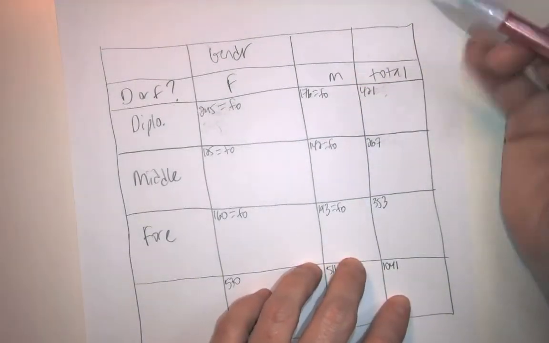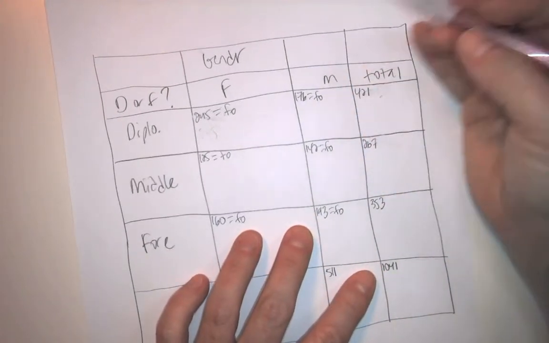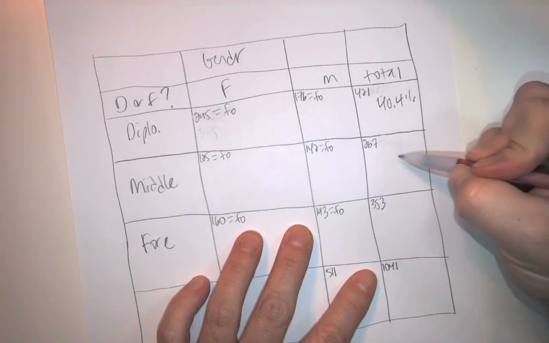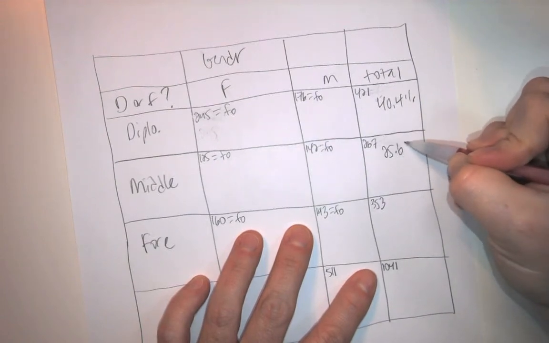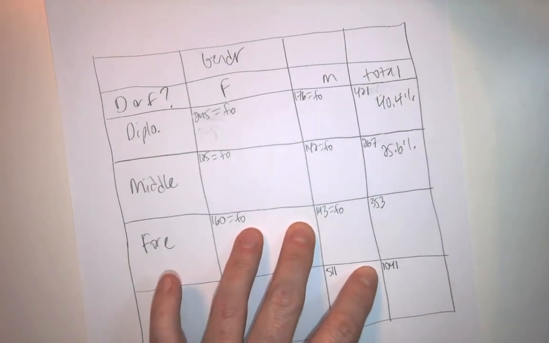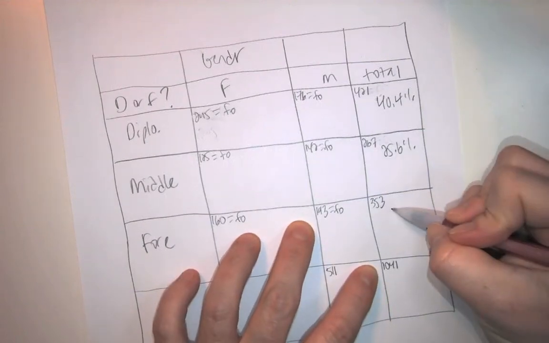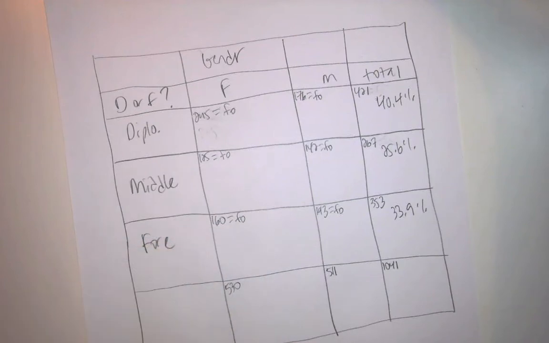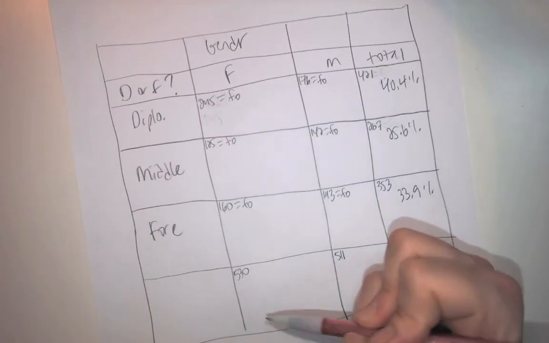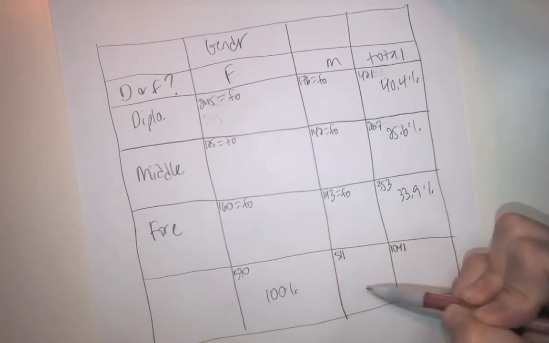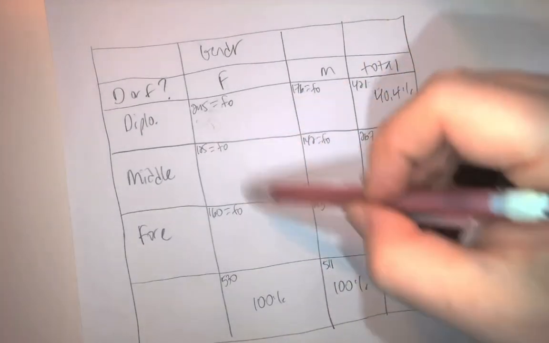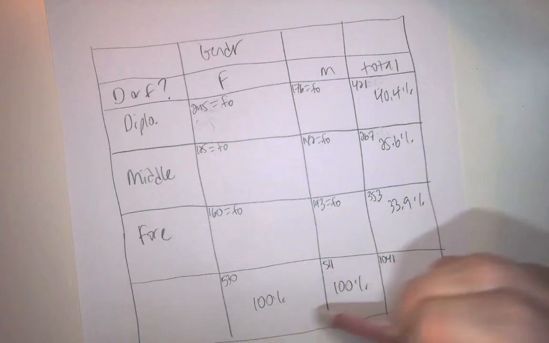In my total column, I also need the information about the total percent. I don't need the total percent in order to run my chi-square of the boxes in the middle. When you're setting up a chi-square, it's useful to set it up in this way because you are only going to be making calculations in the middle squares and not in the total squares.